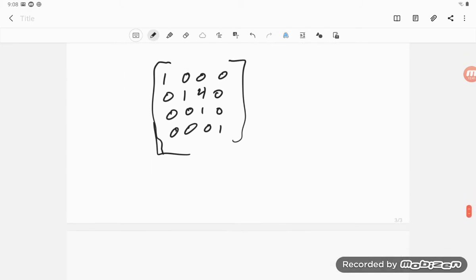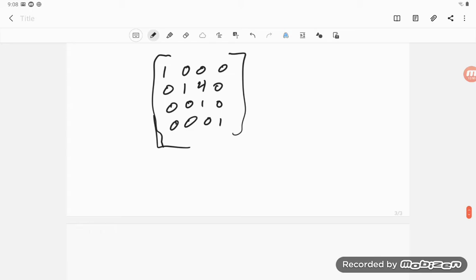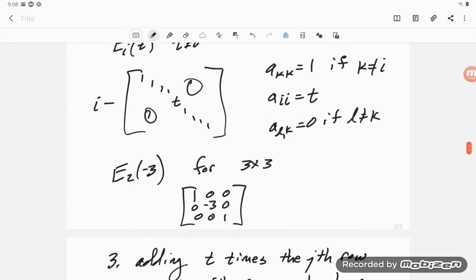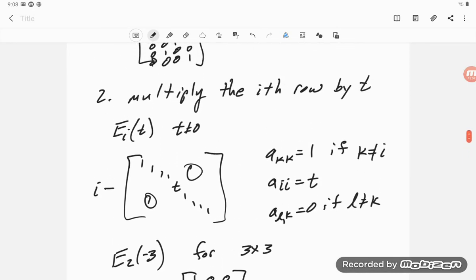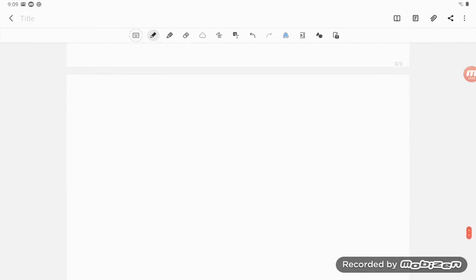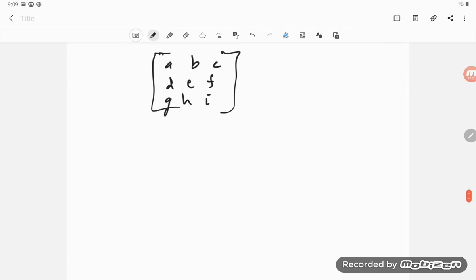And let's try out, I think it's pretty obvious that the first two do what they say they do, but let's just try it out on some things. So let's start with a 3 by 3 matrix, and we'll do A, B, C, D, E, F, G, H, I. And suppose we want to interchange row 1 and row 2.